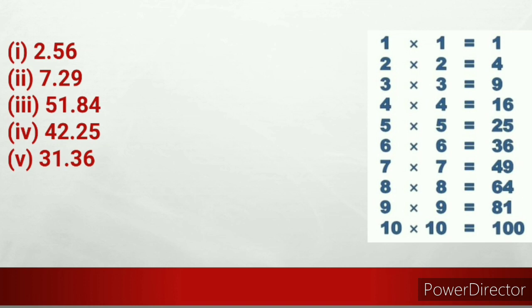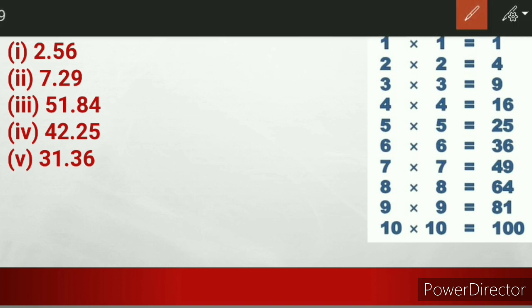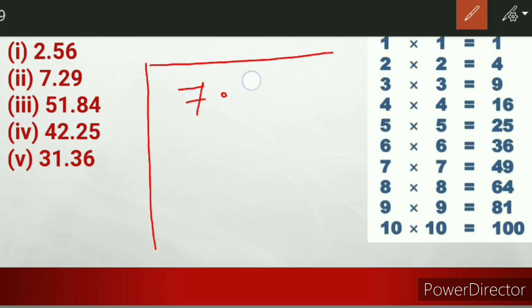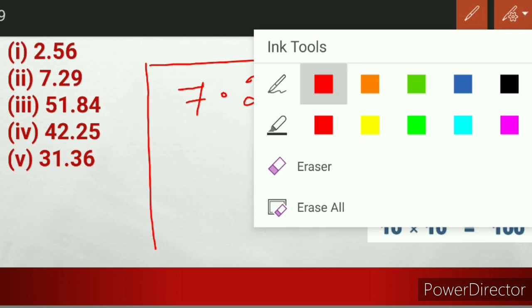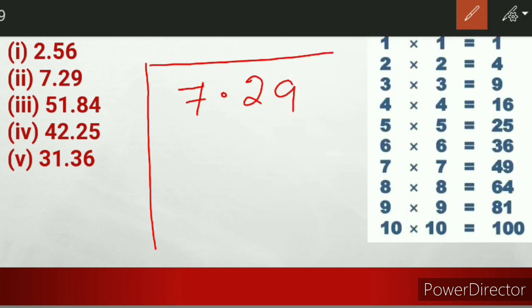Next number, 7.29. We make the groups: 29 is one group, 7 is another group. The nearest square number to 7 is 4, the product of 2 and 2. 2 into 2 is 4. Subtract it, 3.